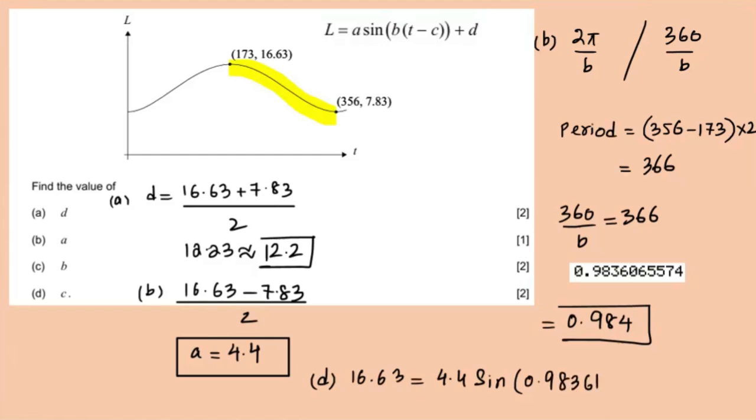Let's take this much. T minus C, plus I need the D value, so I'm using 12.23. Okay. So I need to do these calculations. So let's do these calculations in the next slide.